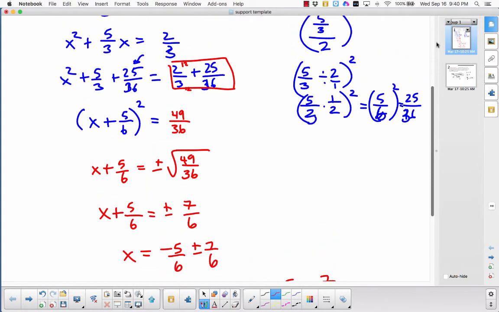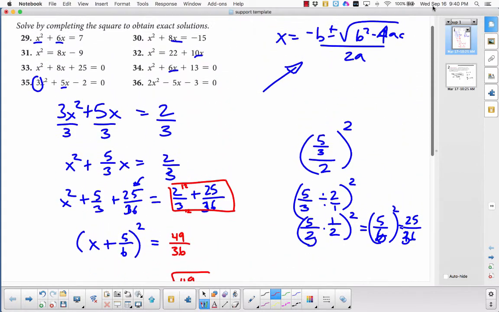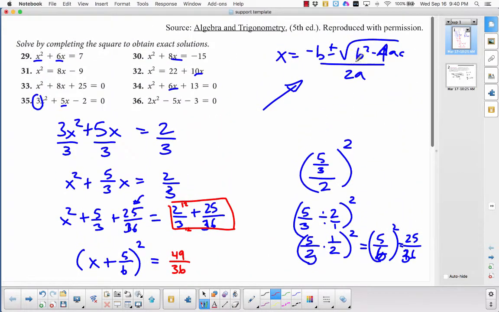Had you done it with the quadratic formula, would have been way faster. And even faster than that, you could actually factor that one. So 3x squared plus 5x minus 2 equals 0. You could factor it. And it'll be a 3x here and an x there, and then probably a plus 2 there and a minus 1 there.